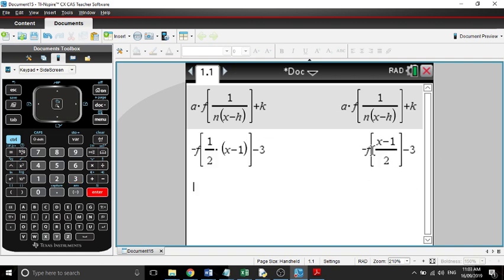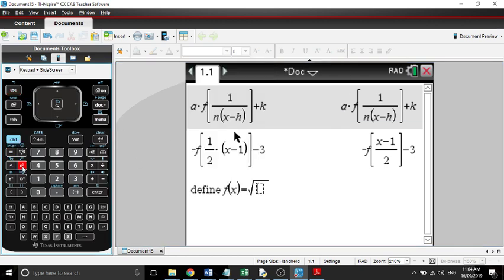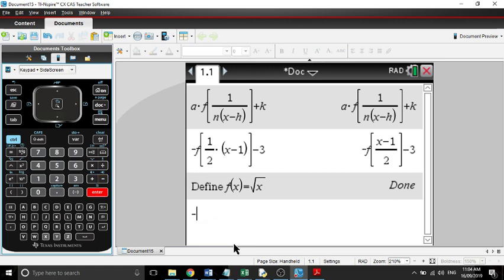So that's what we've ended up with there. Now we can copy this into f of x. We're going to define f of x equals, we know it's the square root of x, and we're going to take negative f of x, and we're going to have 1 over 2 times x.